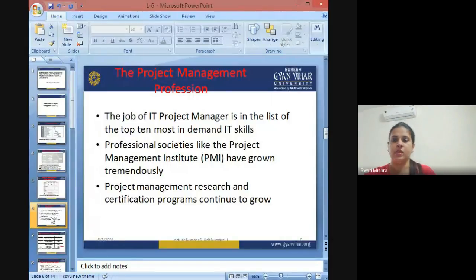So professional societies like the Project Management Institute, PMI, are growing tremendously throughout the nation, and we can see that in India there are multiple management schools which are offering project management education and project management full-time degree courses.